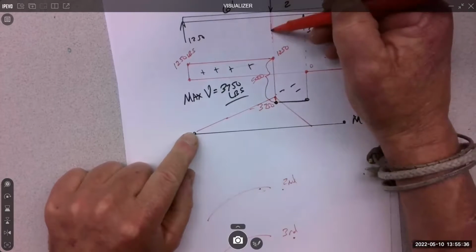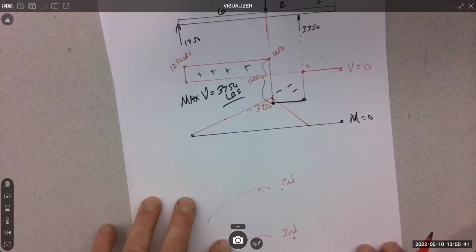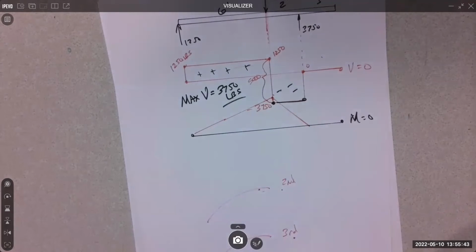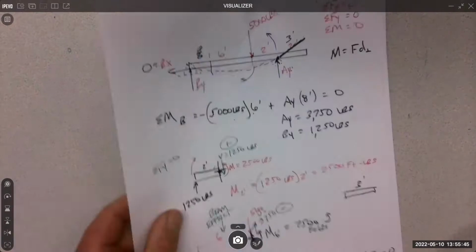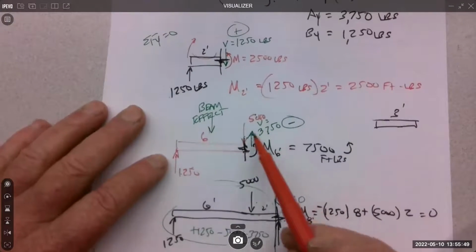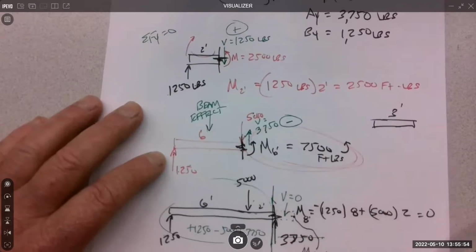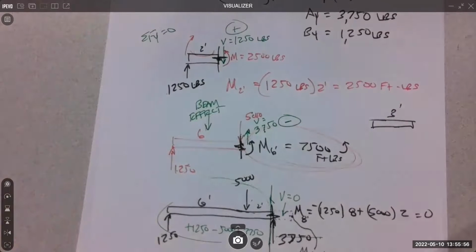So I could just section it, which we've already done, by the way, and know my maximum moment. When we did it, I didn't know it was at this 5,000 location, but there it is, right? Now that I have that, I can go off to bending stress and calculate it, and determine if my beam's good.